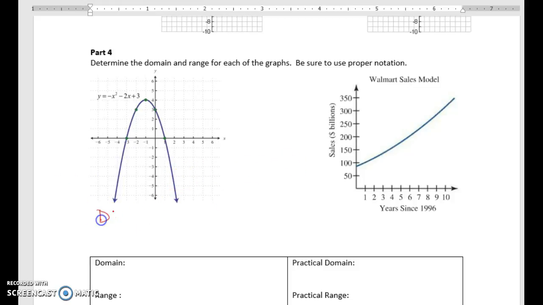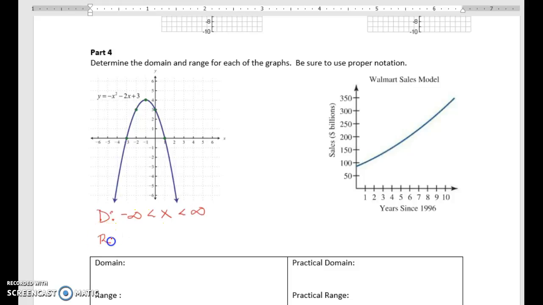So we can indicate that the domain goes from negative infinity, we always start with the least value, less than the variable, which is x, less than positive infinity, all the way to the right. We do not include infinities. We don't include the equal sign, because we can't actually touch infinity.